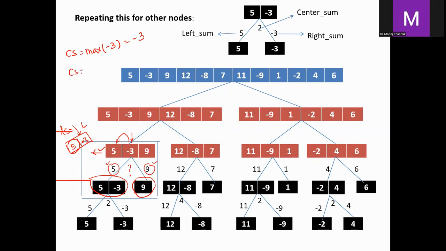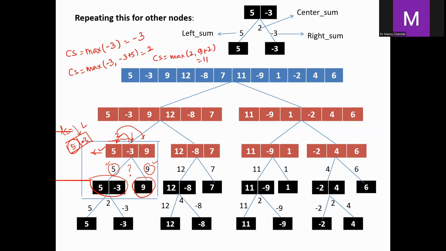Now again I get another version, that is max of minus 3 comma minus 3 plus 5, that is equal to 2. So up to this I have the sum 2, and using this 2, if I go further here, then I will get center sum equal to max of 2 comma 9 plus 2, that is equal to 11.